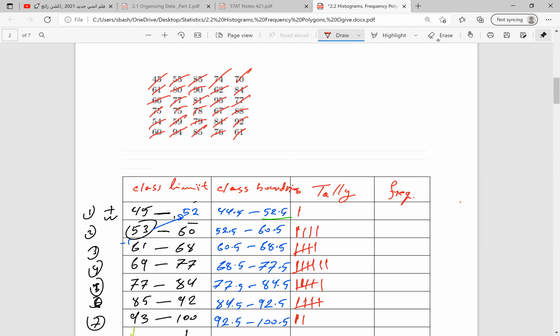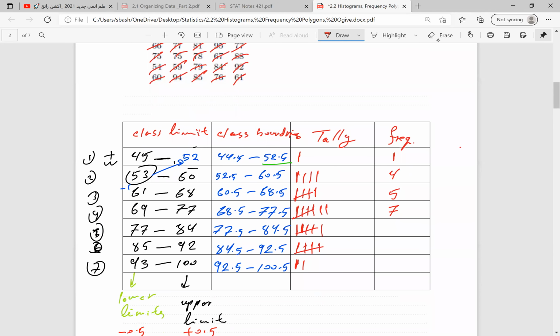So you can see the frequencies now will be 1 bar I have for the first class, 4 for the second one, 5 for the third one, 7 for the fourth one, 6 for the fifth one, and 5, and the last one is 2. So these are the frequencies for the classes.